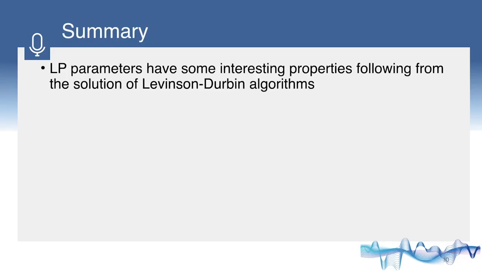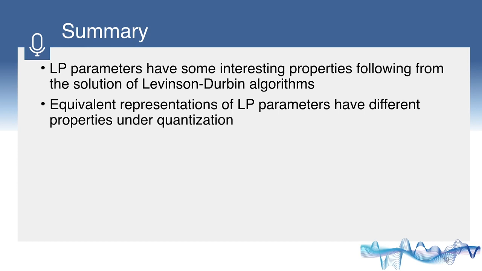Let's have a summary. LP parameters have some interesting and useful properties that follow from the structure of the Levinson-Durbin algorithm. The different equivalent representations of LP parameters have different properties under quantization. Polynomial coefficients are bad.